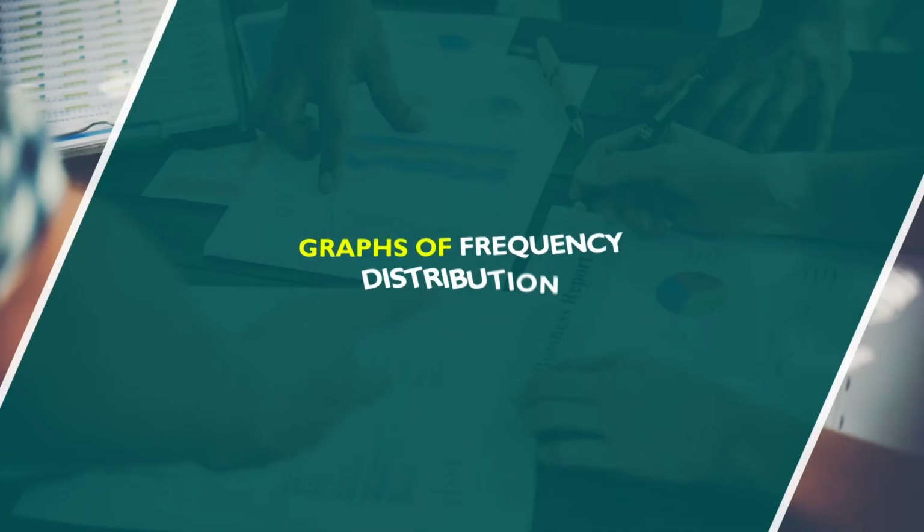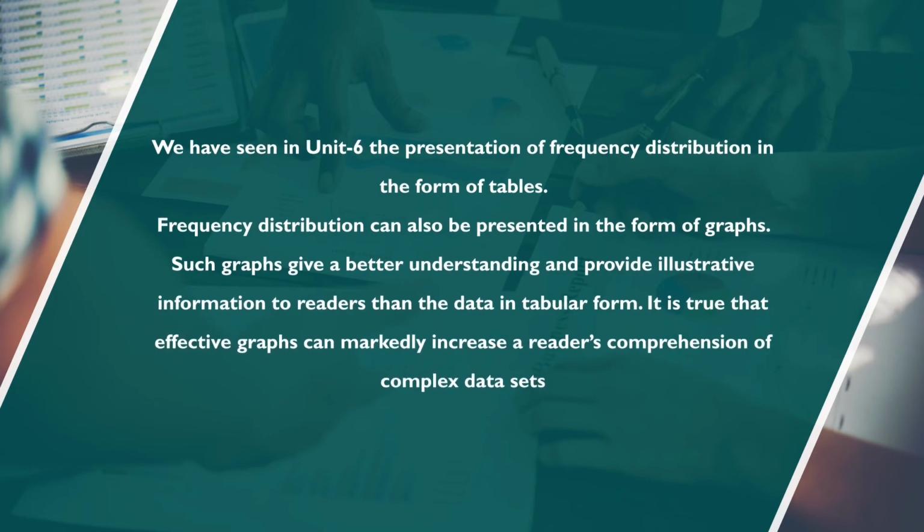As for graphs of frequency distribution, we have seen in our preceding lecture that frequency distributions are explained with the help of tables, and these frequency distributions can also be presented in the form of graphs. That is the beauty of it, because when you talk about frequency distribution, the data size is quite high, and such graphs can give a better understanding and provide more illustrative information to readers than data in tabular form.